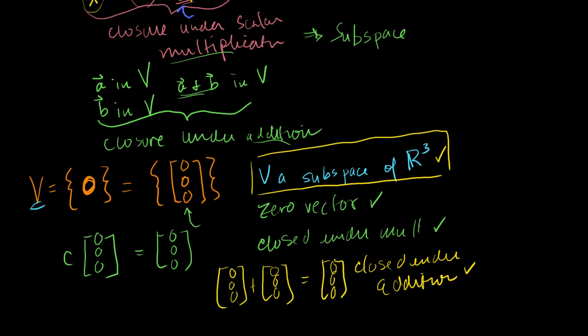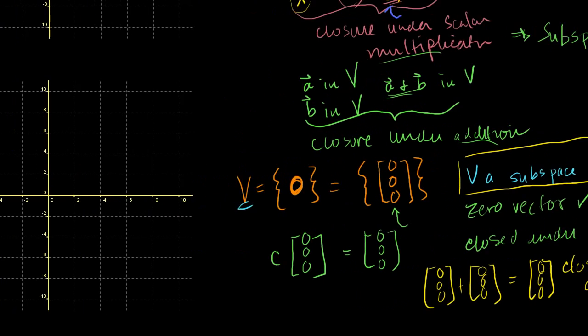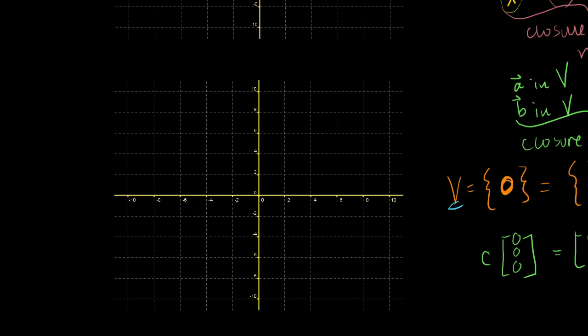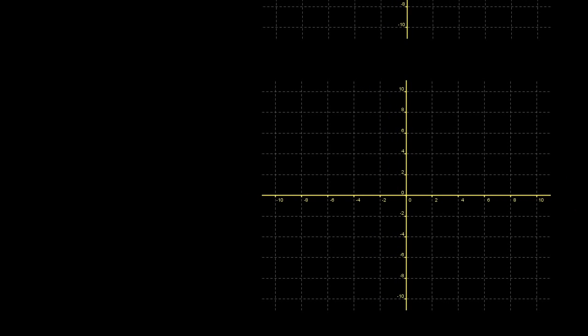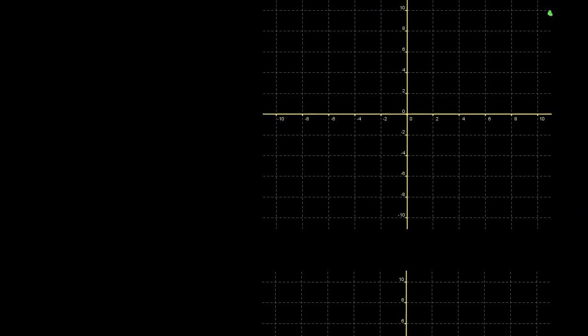Now, maybe the idea will be a little clearer if I show you an example of something that is not a subspace. So let me get my coordinate axes over here. Let's say I were to define some subset. I don't know whether it's a subspace.